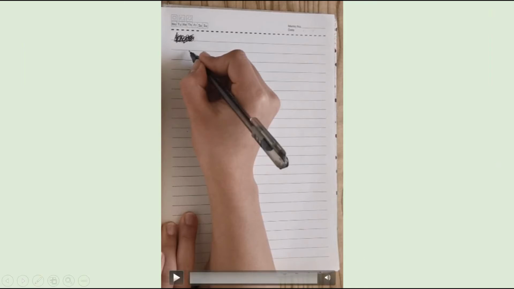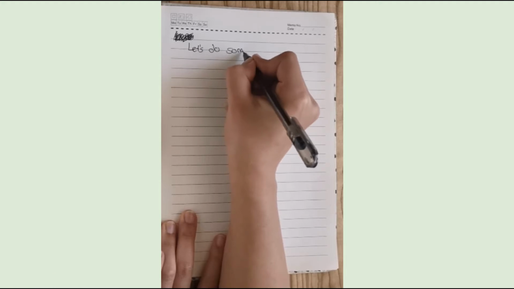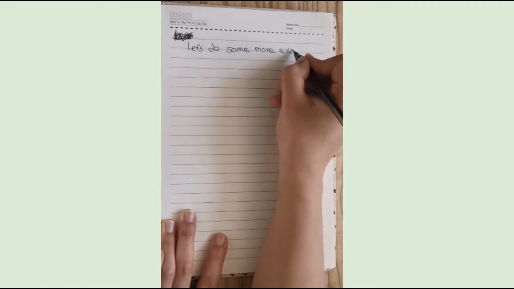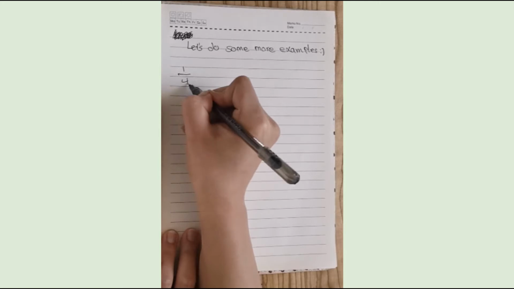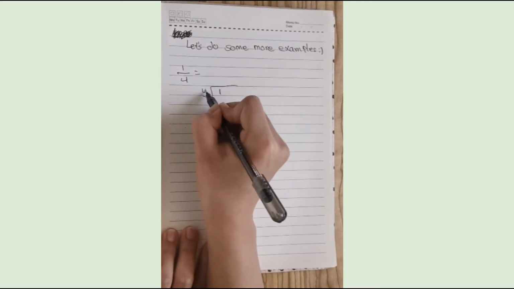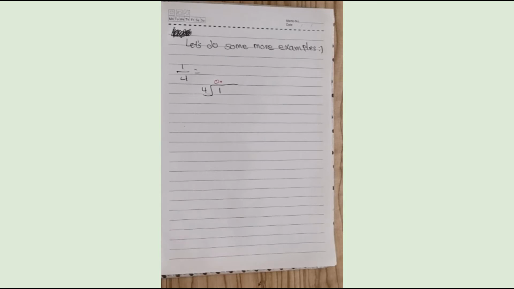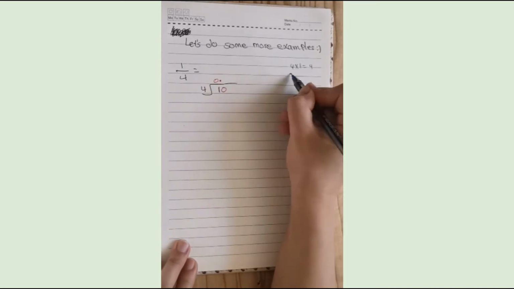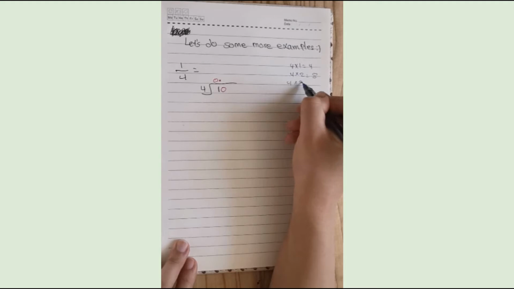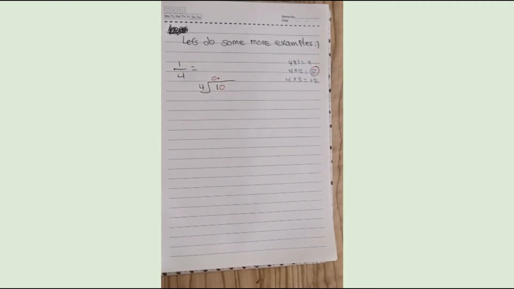Okay, now a bunch more examples. Okay, the 0 and the decimal point. We put a 0 next to 1 to become 10, and then find the closest number to 10 in the multiples of 4. The closest number to 10 is 8.